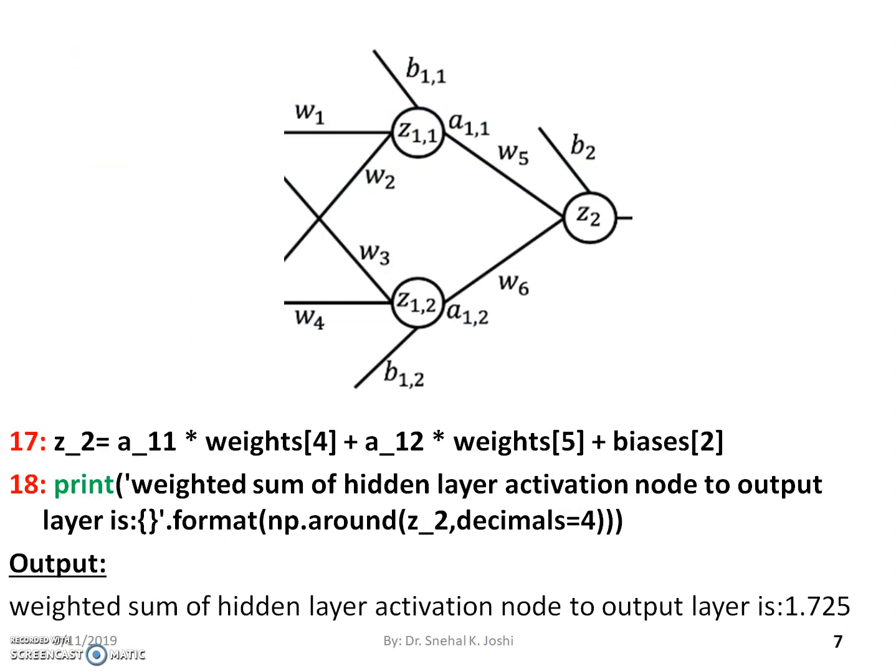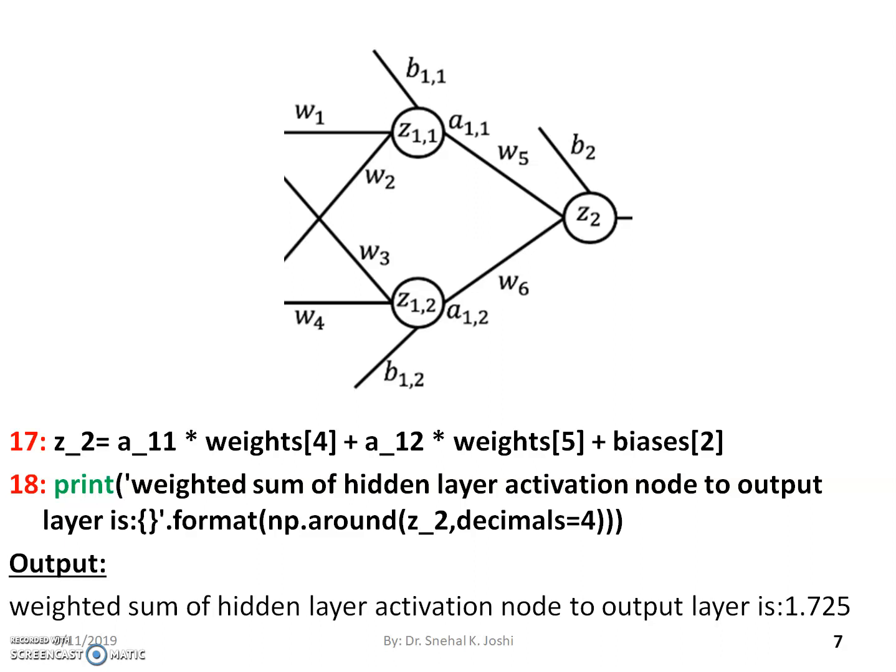Now, as we have obtained the activation nodes, these activation nodes will be used as input nodes for the next layer. In our case, A11 and A12 will act as input nodes to obtain the weighted sum Z2 for the output layer. Our weights are W5 and W6 and the bias is B2. As we can see in the code, we calculate the weighted sum Z2.